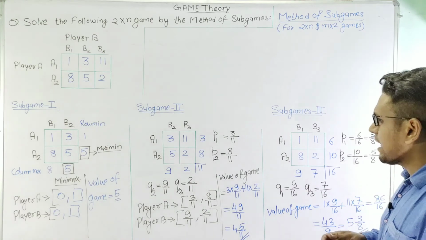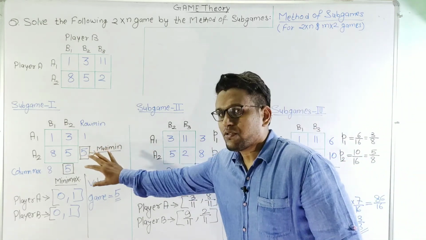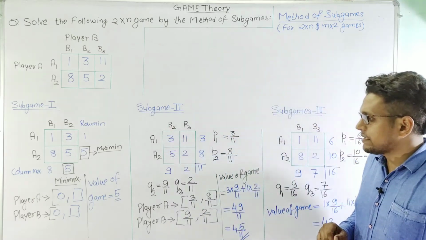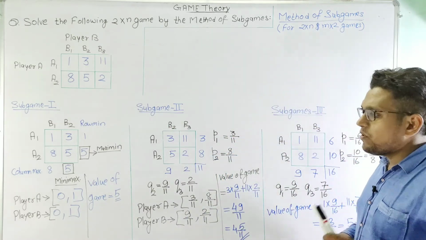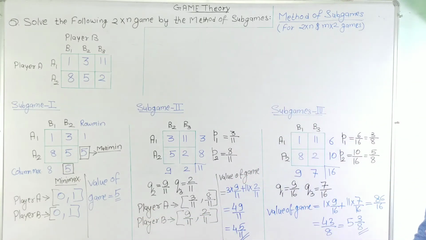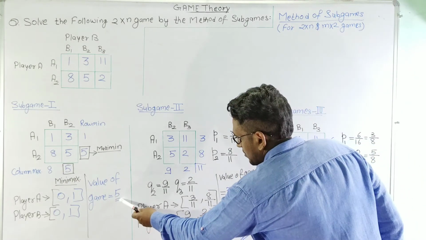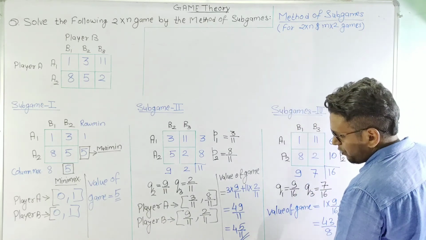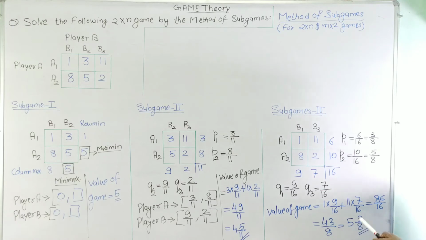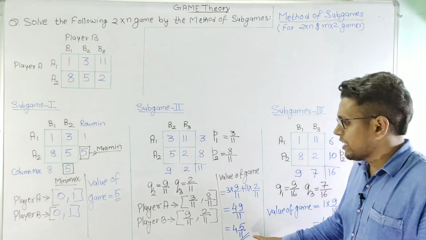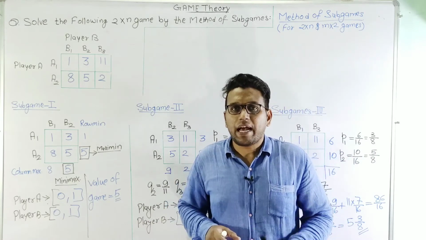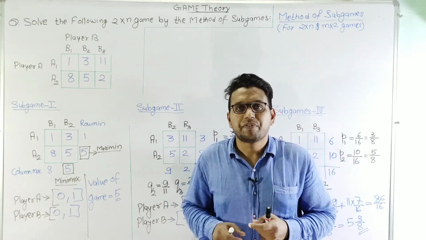Now after calculating the values and strategies for all the 3 sub games, we can see that the value of the game in all the 3 sub games is coming as positive. For sub game 1 the value is 5, sub game 2 the value is 4 5 by 11, and for sub game 3 the value is 5 3 by 8. So all the 3 values are positive. This means that player A is the winner and player B is the loser.